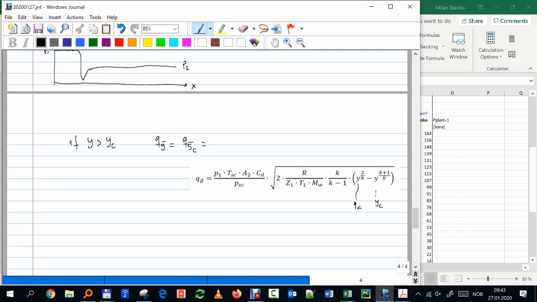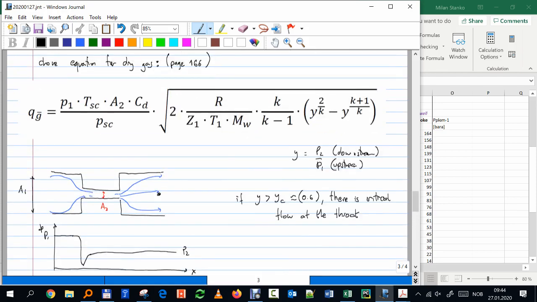Every place where I have Y, I have to substitute this Y critical. However, if Y is less than Y critical, then I simply use this equation.